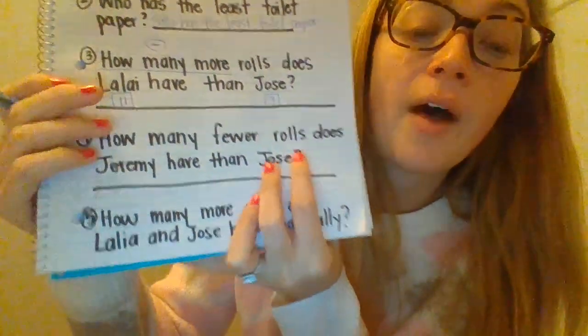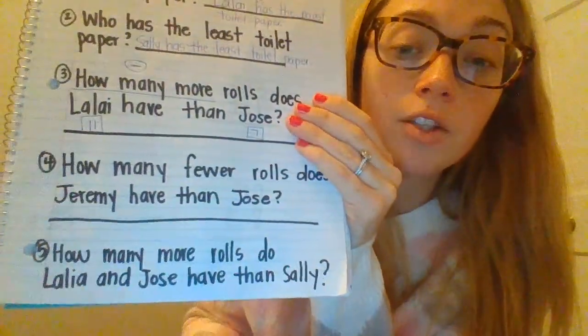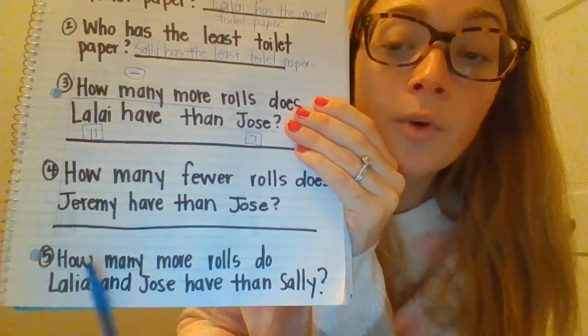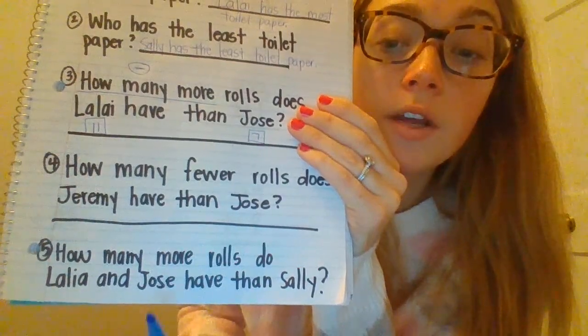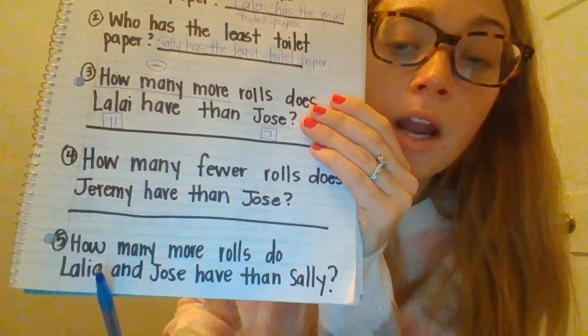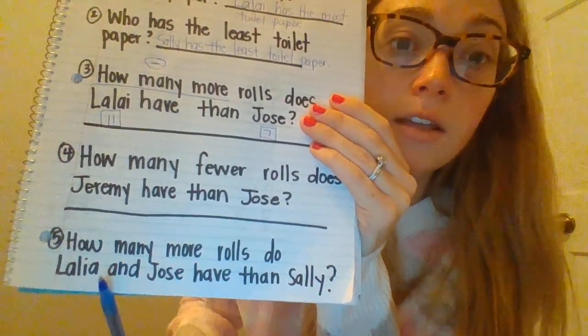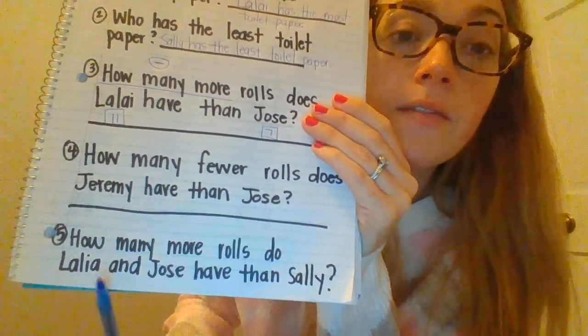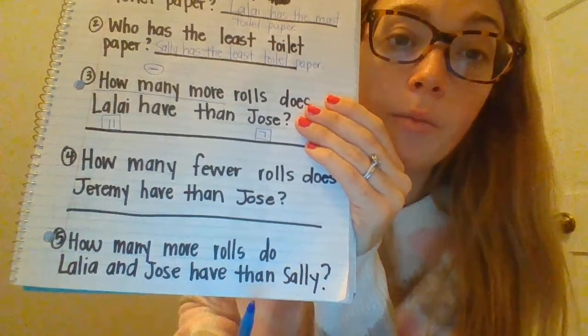While I'm writing my answer in a complete sentence, I want you to try 4 and 5. 5 is a brain stretcher. This is one where you are really going to have to annotate, and you'll notice I see Layla and Jose. So I'm going to have to put my symbol for and so I can make sure that I do each step of the problem.